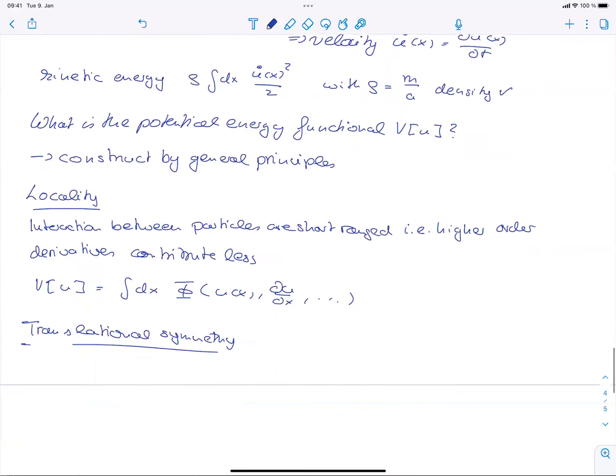And in the field theoretic context, that would mean that this function phi of u(x + c) has to be the same function as phi of u(x). And this has to be true now for any c. And that tells me that there cannot be any direct dependence on u(x).